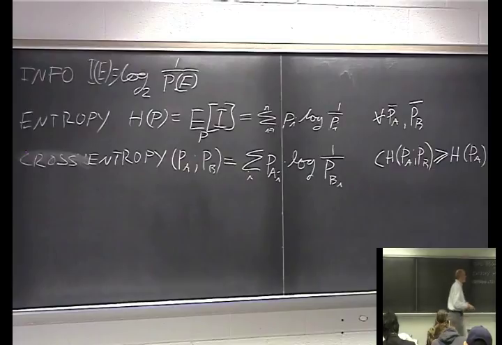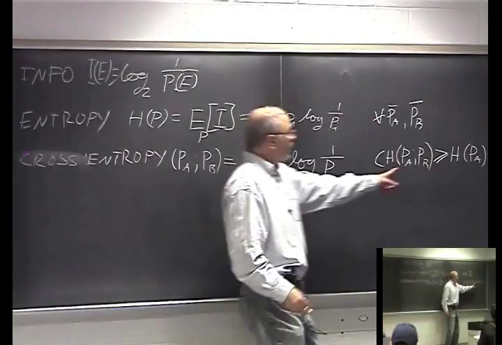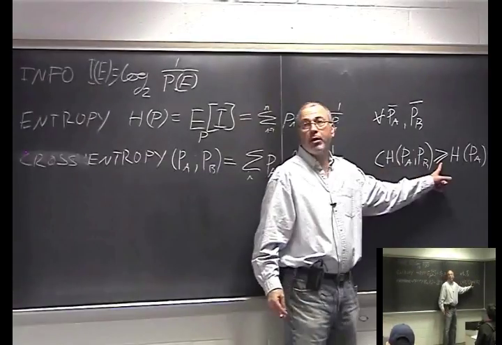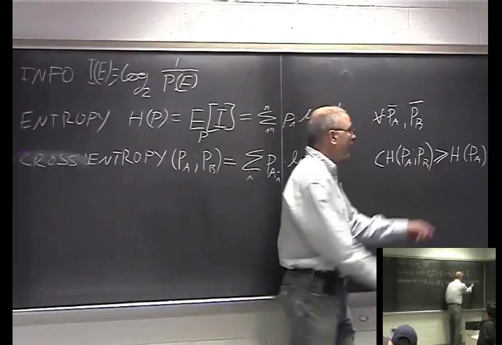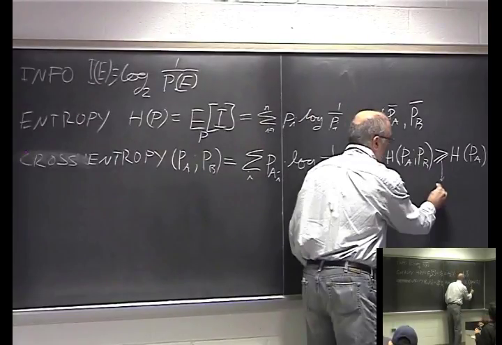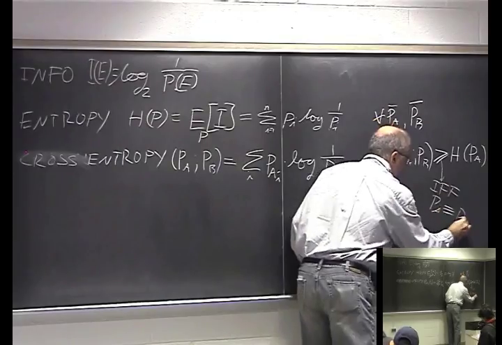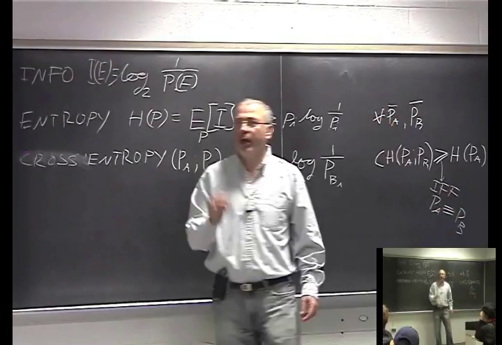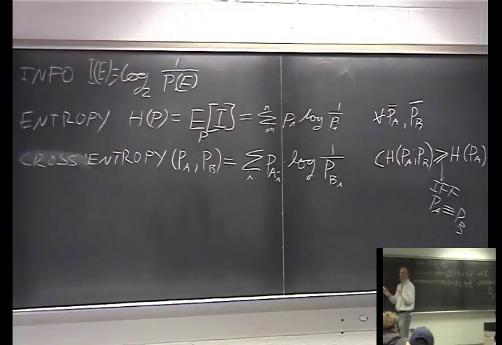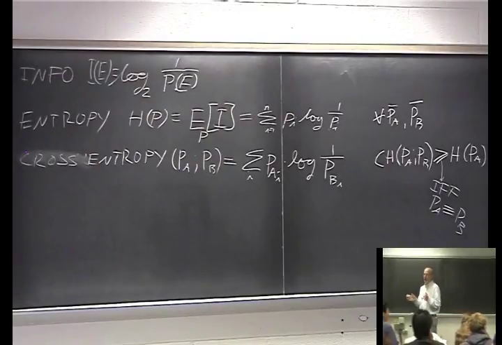So this equality here is if and only if P of A equals P of B. I put 3 lines to say it's an equality of functions, not of numbers.